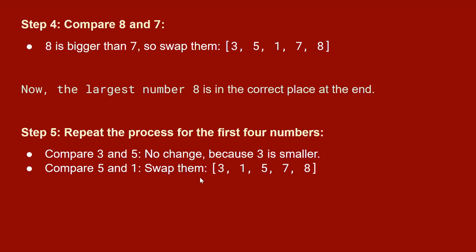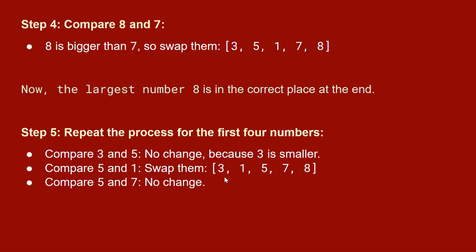In the next step, we'll take the element of the second place and element of the third place. And since 5 is greater than 1, we'll swap their position, and after swapping, our list will become 3, 1, 5, 7 and 8. And in the next step, we'll take the element of the third place and element of the fourth place. And when we compare them, we'll see 5 is lesser than 7, so there will be no change.